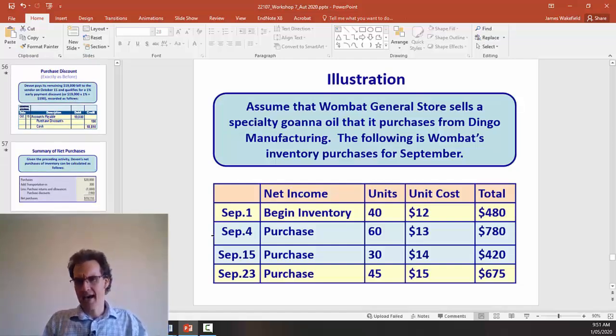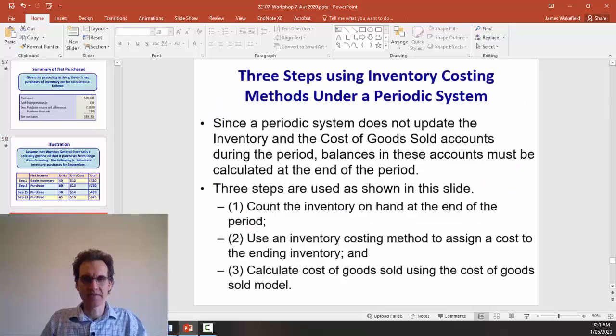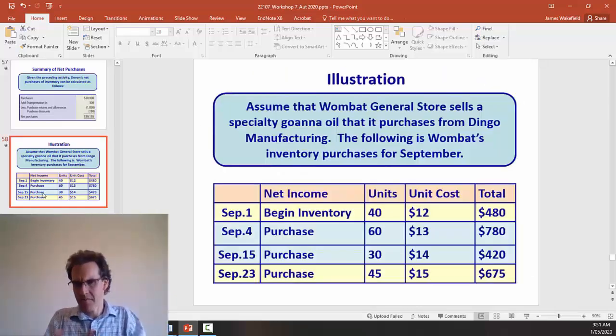So let's now look at determining the cost of goods sold when using this method. Right, so the same information as before, we want to determine what the cost of goods sold is. But remember, in this particular case, what we want to do is determine what the cost of goods sold is at the very end of the period.